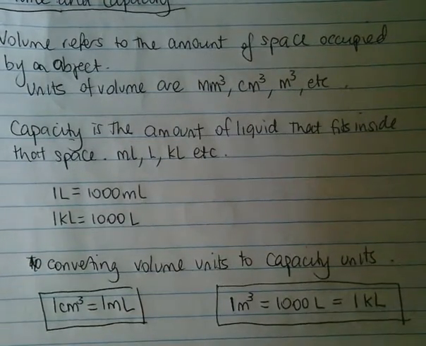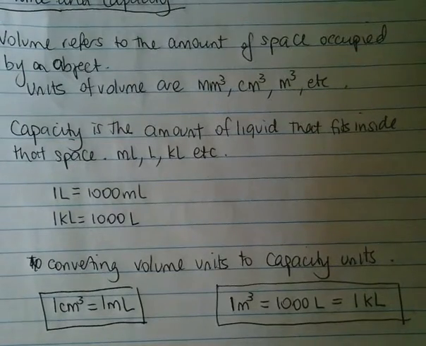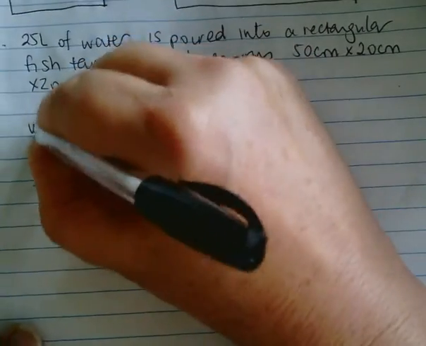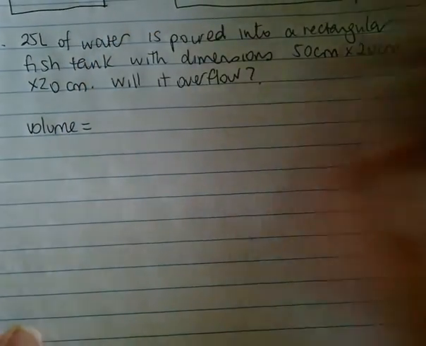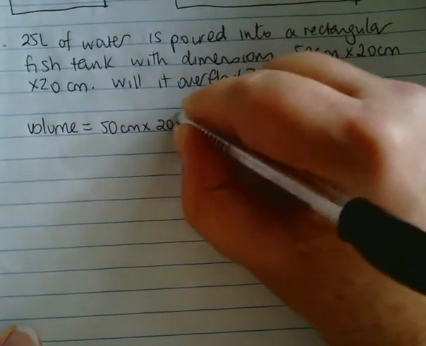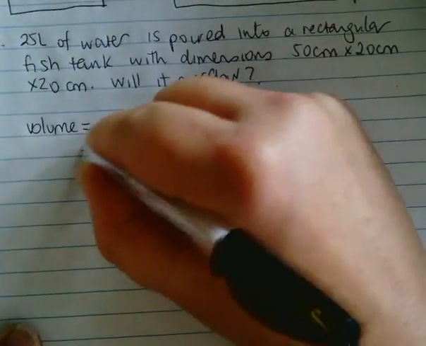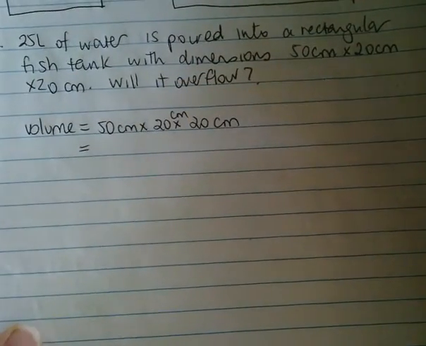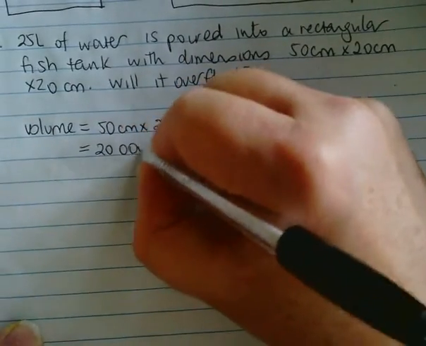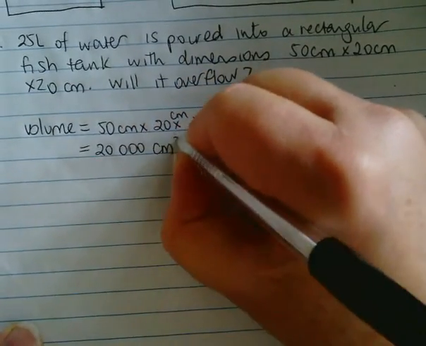Okay, so they're the two conversions that we use from volume units, which tells me how much space I've got, to capacity units, which tells me how much liquid I fit in that space. That's the difference between them. Volume, so what's the volume? Length times breadth times height. It's 50 times 20 times 20. What's 5 times 2 times 2? 20. 20 what? 1,000 units, centimeters cubed.